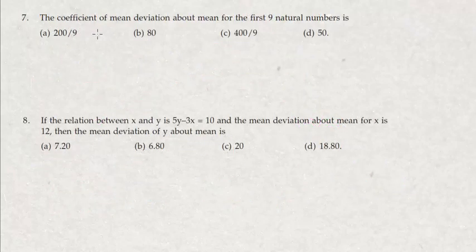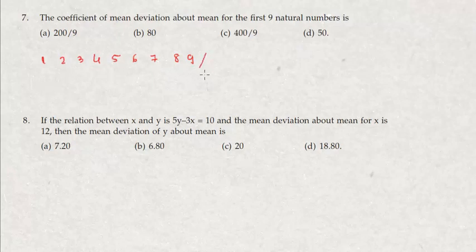The coefficient of mean deviation about mean for the first 9 natural numbers is. Now the 9 natural numbers means starting from 1 up to 9: 1, 2, 3, 4, 5, 6, 7, 8 and 9. Let us find the mean of it.